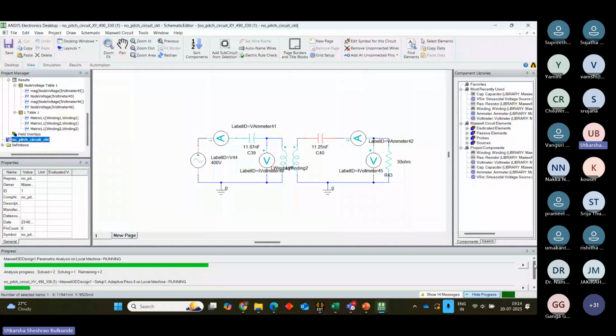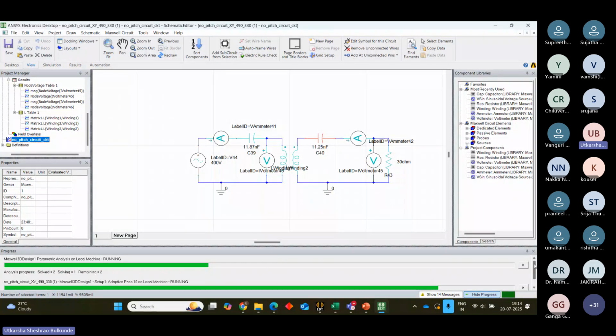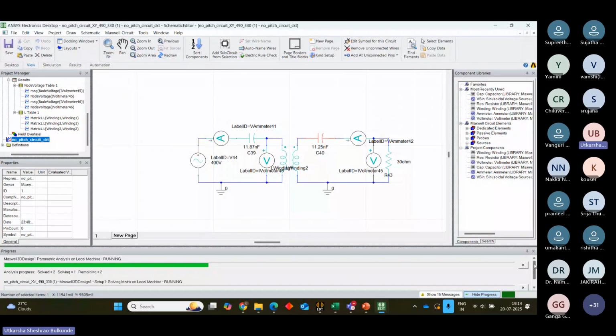While this simulation is running, if you guys have any doubts or questions related to anything, transformer, inductor, or coil, whatever we have discussed till today, you can ask me, because today is the last class.